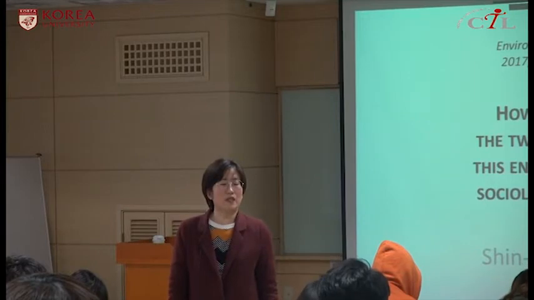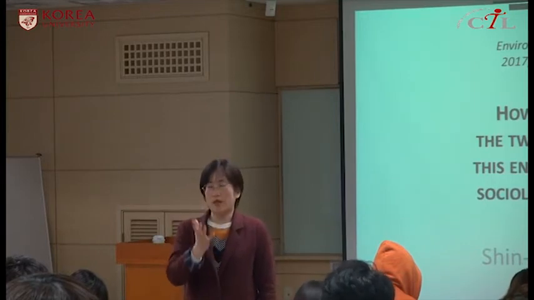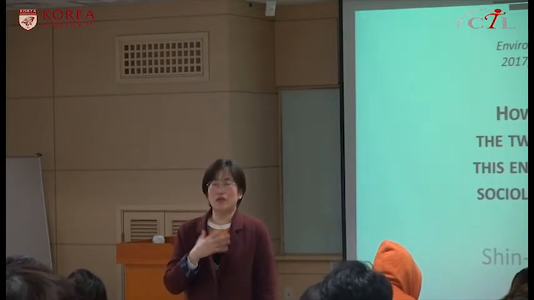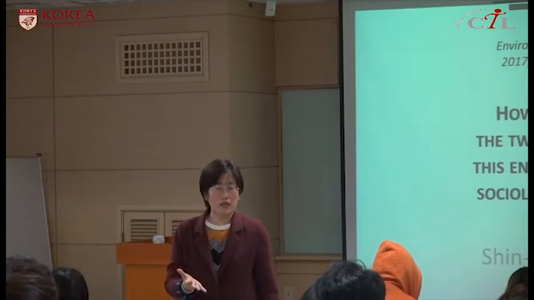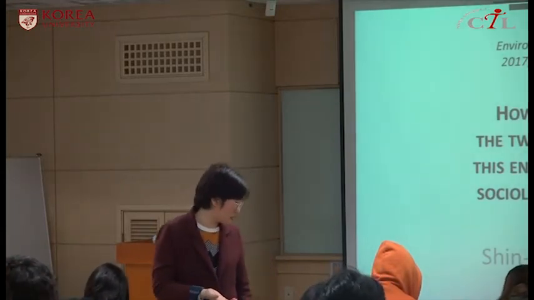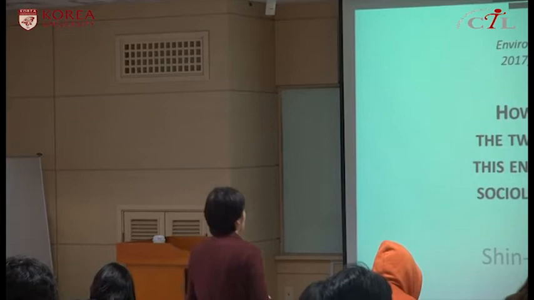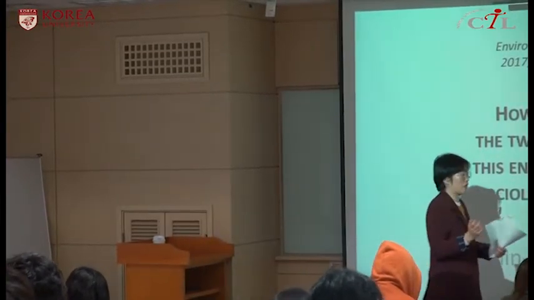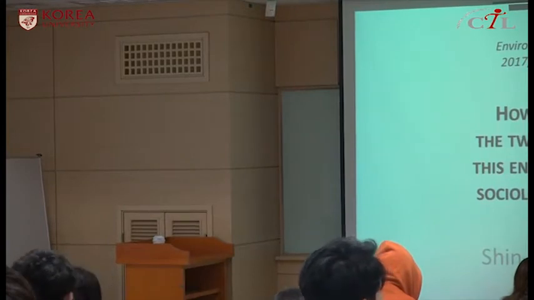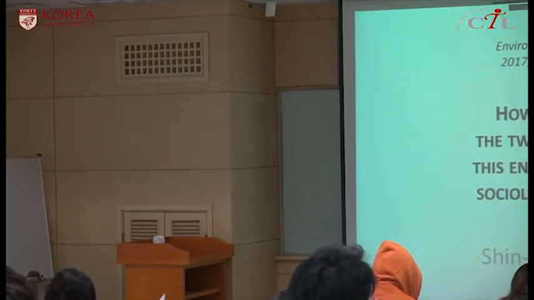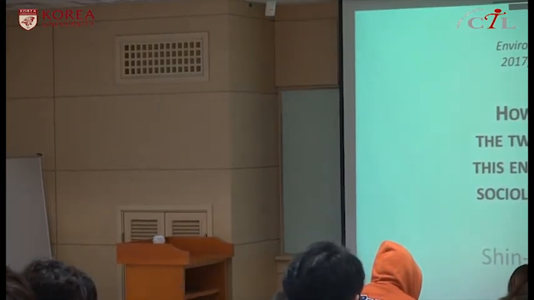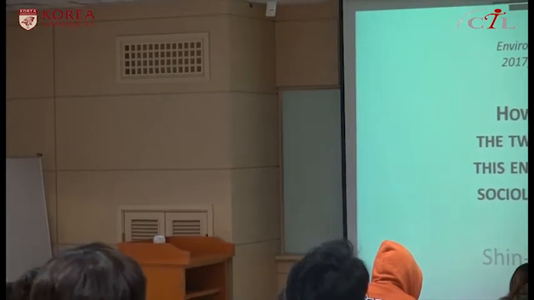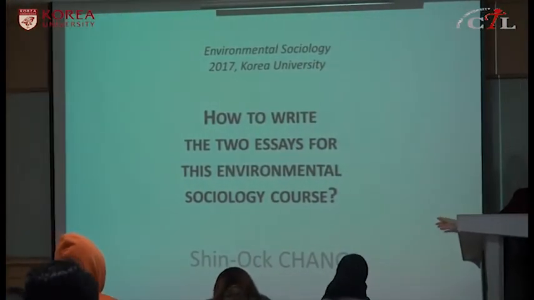So basically they have a different way of thinking about how society works and what society can do to solve environmental problems. They have different ways of thinking about how society operates and how society has to respond to environmental problems. Okay?